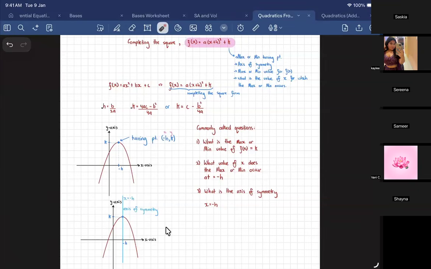Vani, you have everything copied down? Yes, sir. Shina, you have everything copied down?